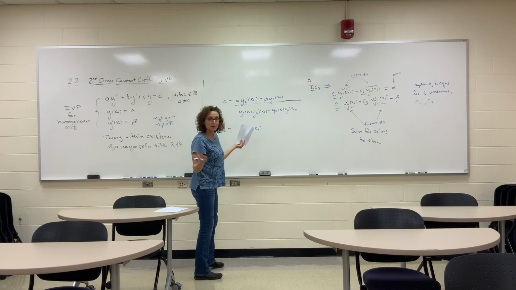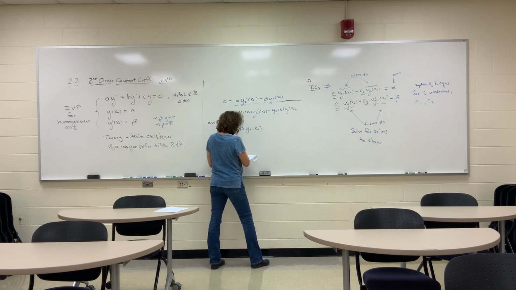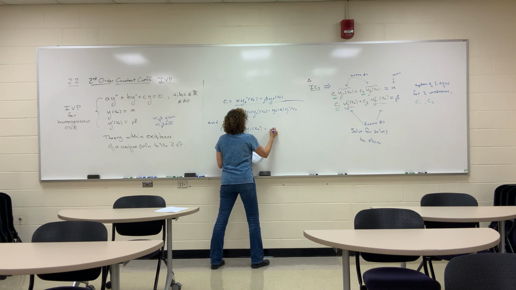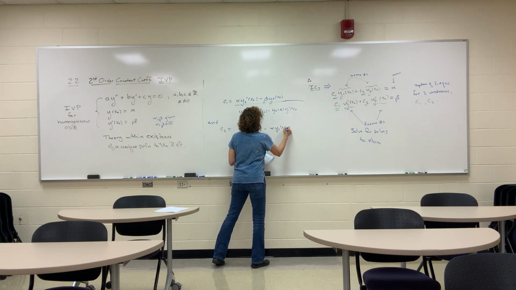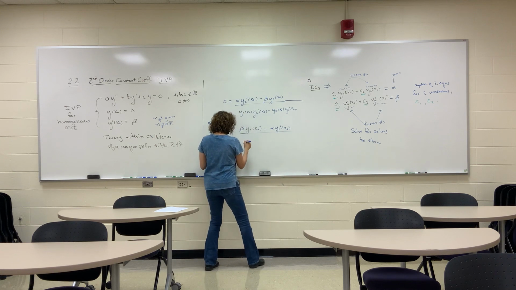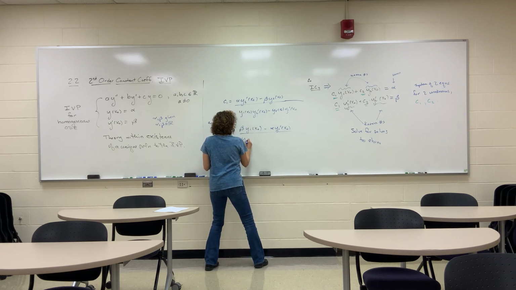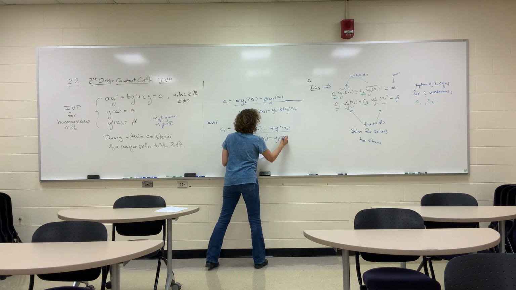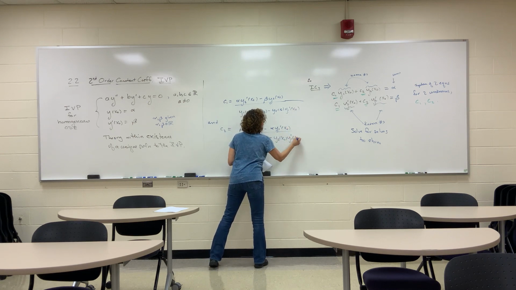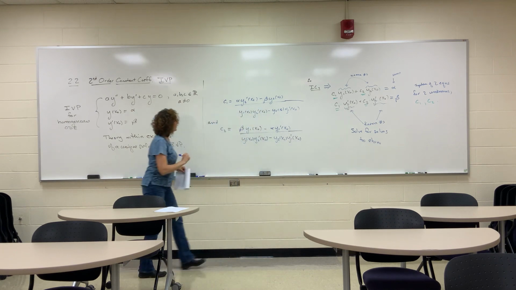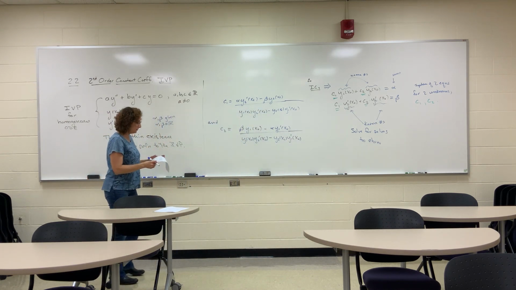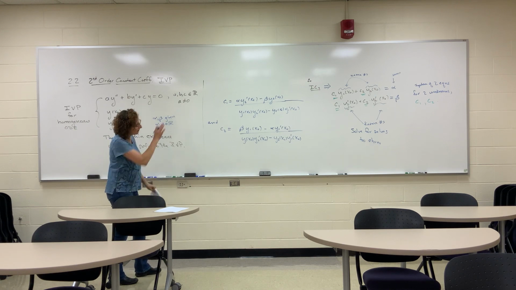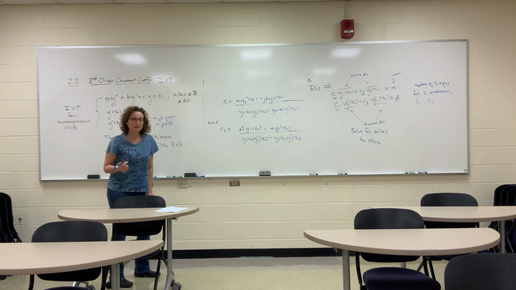You've got to understand that letters are just known numbers. c2 is beta times y1 of x naught minus alpha times y1 prime evaluated at x naught, all divided by y1 at x naught times y2 prime at x naught minus y2 at x naught times y1 prime at x naught. You should be able to solve that system, two equations in two unknowns, and come up with that. Whoa, what do you see?